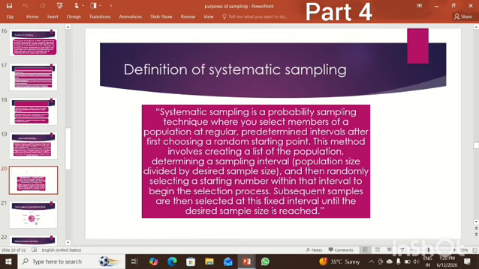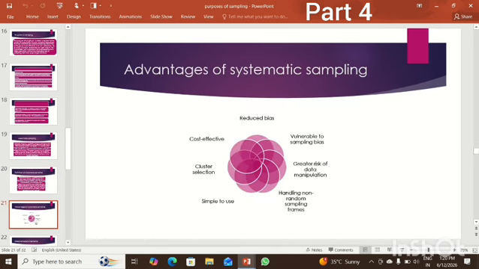Systematic sampling. Definition of systematic sampling, and advantages of systematic sampling, are mentioned here in brief. What are the advantages of systematic sampling? As we have already understood, you divide the total population by the sample size, which will give you the result. For example, 1000 upon 100 gives you 10, and that 10 will be the kth element.